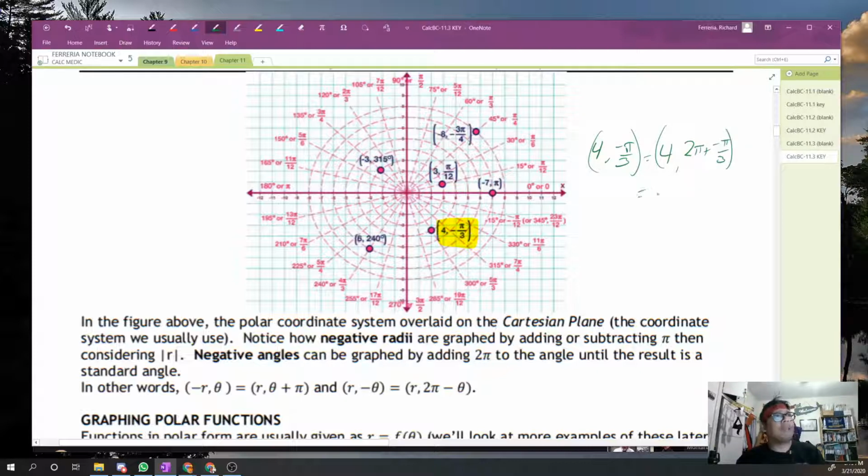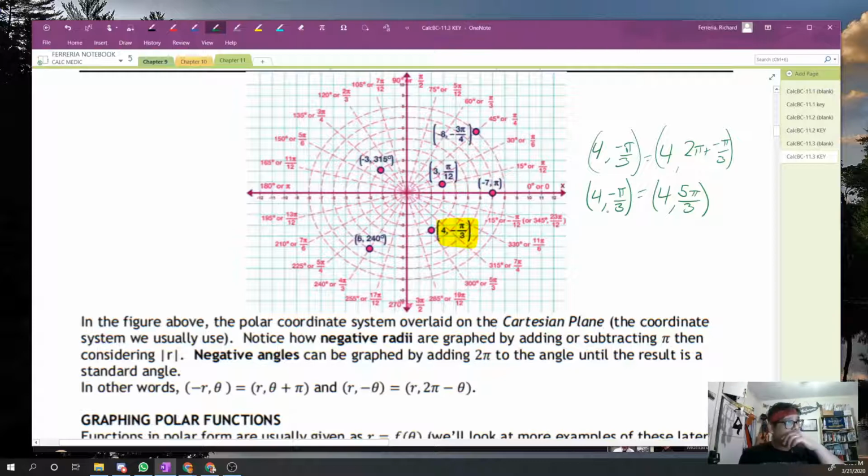Let's do the math on that real quickly. 6 minus 1 is 5 pi over 3. So these two are equivalent. They map to the same location. Okay, so that takes care of how to deal with a negative value for theta.